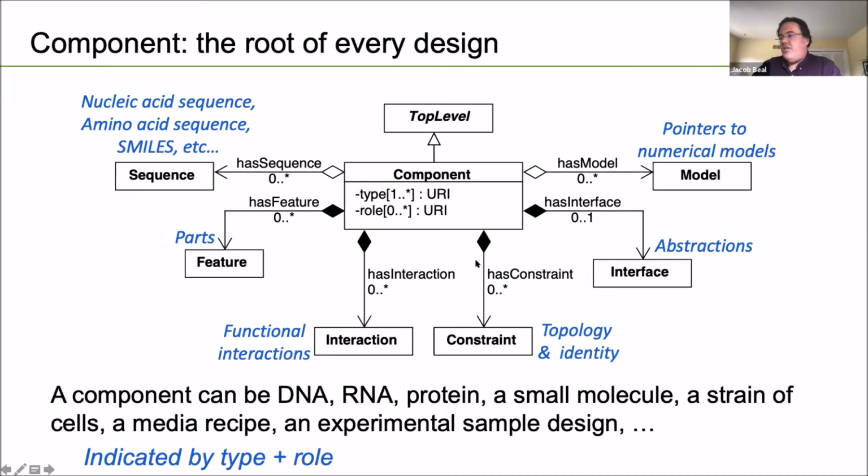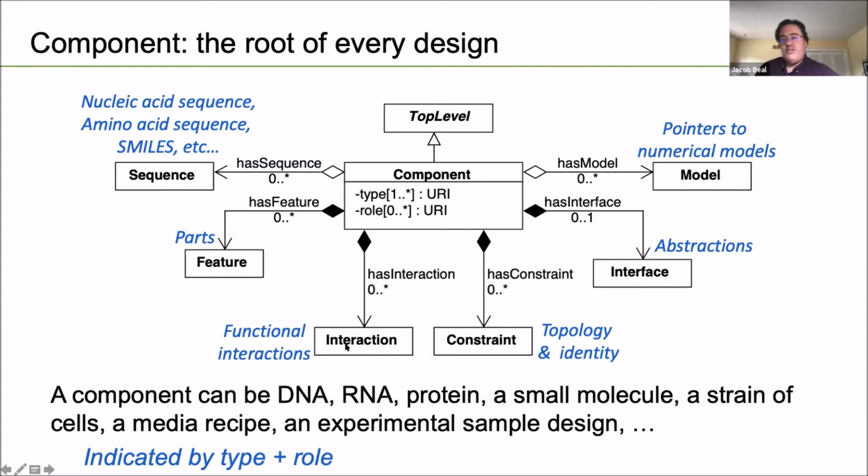Constraints add our other piece of structural information. When I say something like I'm putting this promoter in front of this coding sequence, that's a topological constraint. If I say I'm going to put this plasmid inside of this cell, that's also a topological constraint. And you can have other types of constraints as well in terms of things like identity.